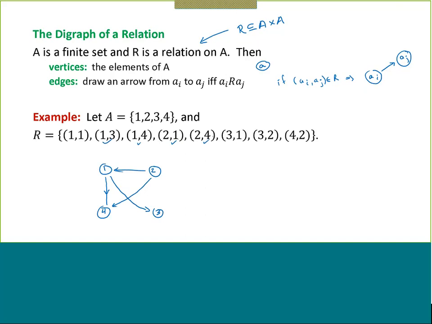Next ordered pair is 3, 1. So it's 3, 2, 1. The next ordered pair is 3, 2. So that's 3, 2, 2. The last ordered pair is 4, 2. So that's 4 to 2.